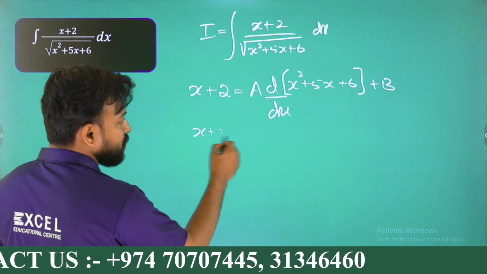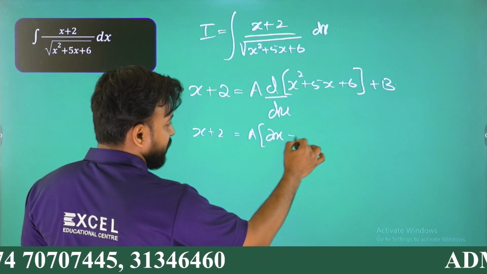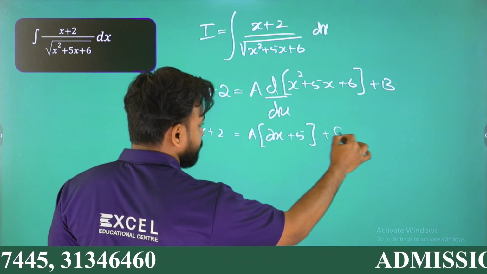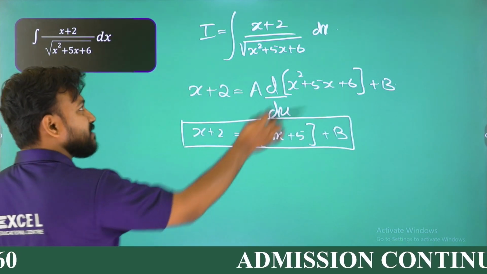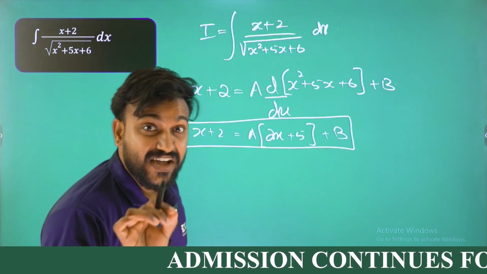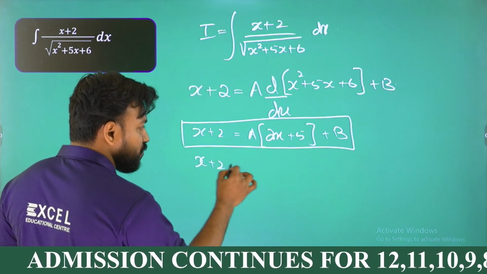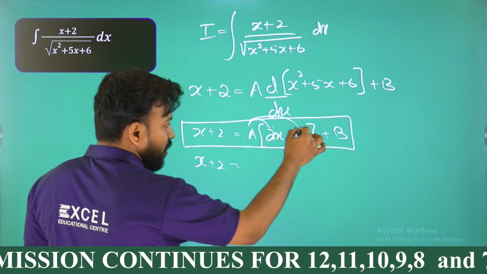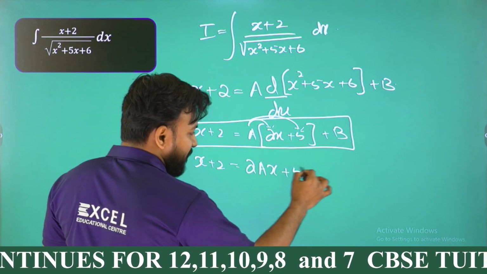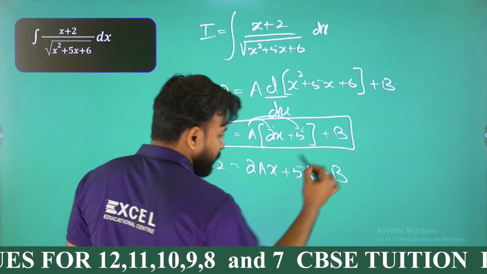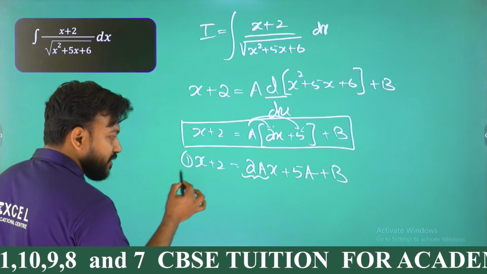So what will you get? x plus 2 is equal to a times, what is the derivative of this one? 2x plus 5, plus b. This is very important. We are going to use this equation as your numerator, but before that we have to identify what a and b are. How do we do that? x plus 2 is equal to, opening the bracket with a, 2ax plus 5a plus b. You can see the coefficient of x is 2a, and on the left the coefficient of x is 1.